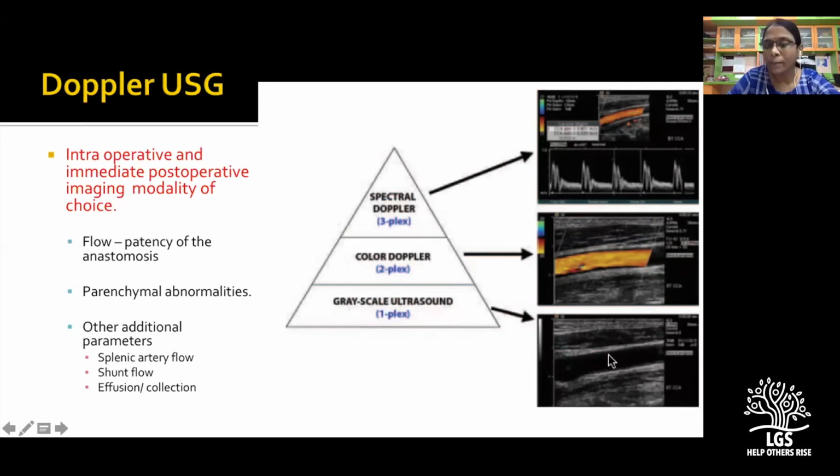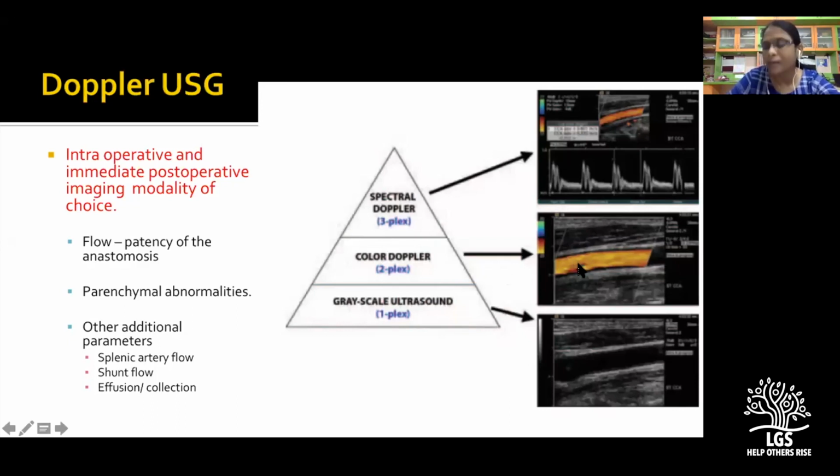The Doppler ultrasound usually starts with grayscale imaging, which we call B mode imaging. The presence of an anechoic lumen usually suggests the patency of the vessel. However, acute thrombus will also be anechoic, so we have to ensure that flow is present within the lumen.